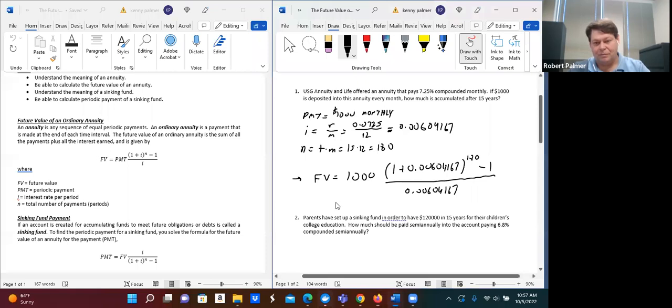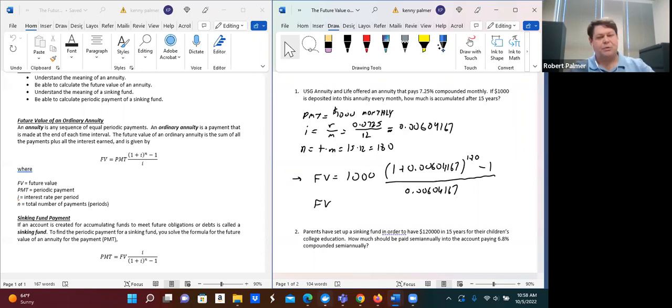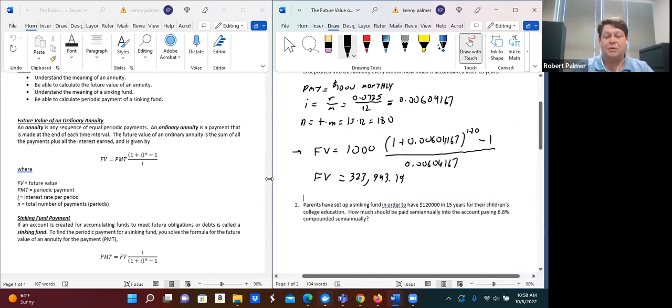So our answer then, the future value of this annuity, is $323,943.19. Now, another question might be how much of this is interest.